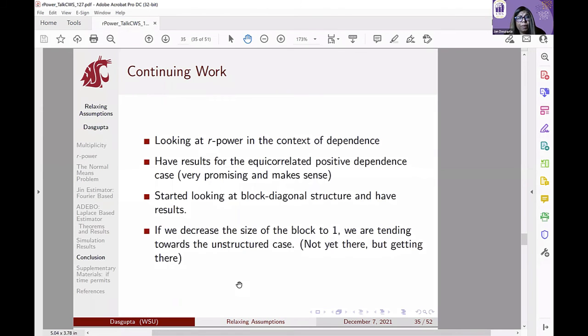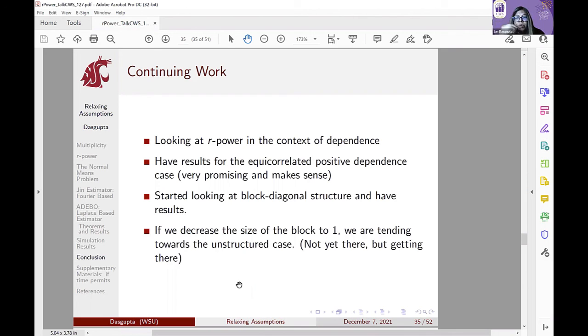What we are doing right now is the Audible estimator paper. We have already submitted this paper, but this one is about dependence. Going from independence to dependence is a huge jump, because under independence your variance covariance matrix has a nice structure: basically the identity matrix.